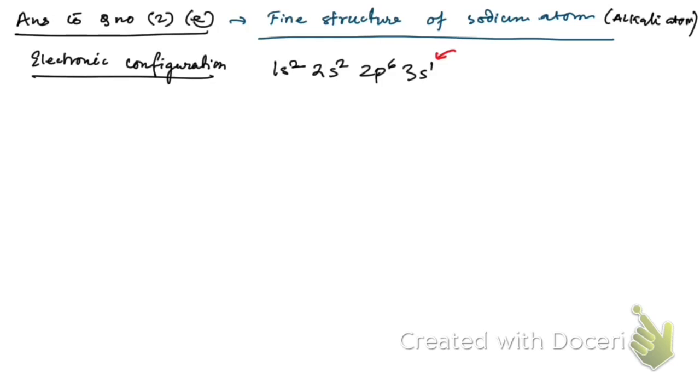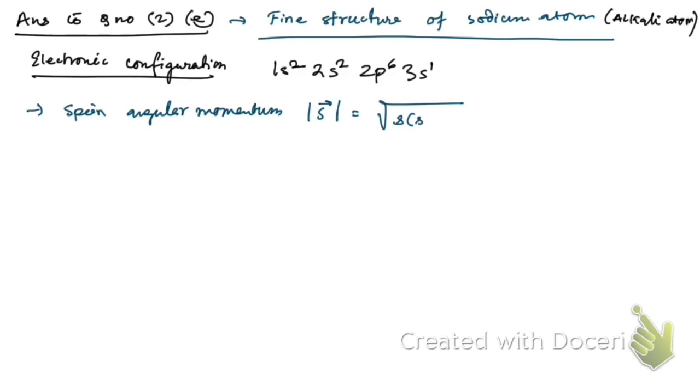And so here we must know a few terms. So what are the things that we should know before we discuss this topic? So first we must be aware of the spin angular momentum, that is, its magnitude is given by root over s into s plus 1 h cut, right?